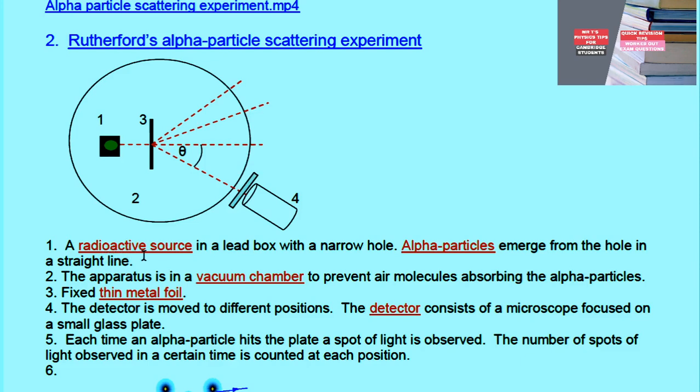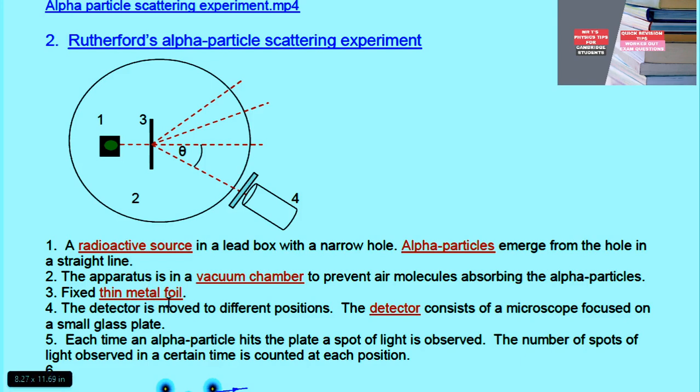So in this experiment, a radioactive source in a lead box with a narrow hole is used. Alpha particles emerge from the hole in a straight line, so like this. The apparatus is in a vacuum chamber to prevent air molecules absorbing the alpha particles. Fixed thin metal foil is used.